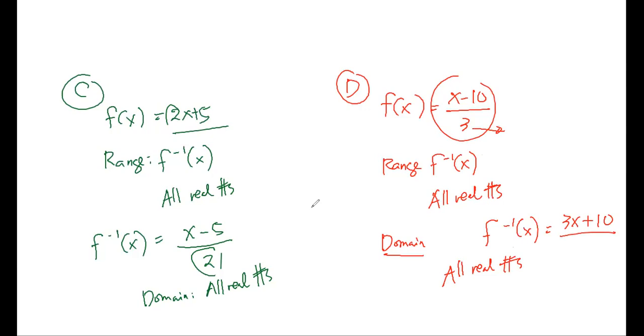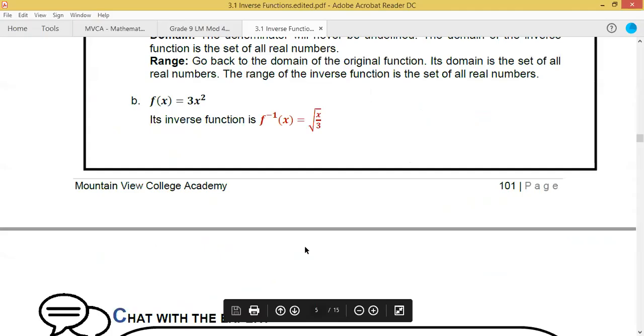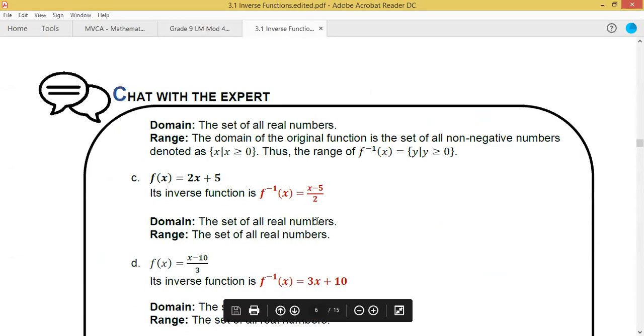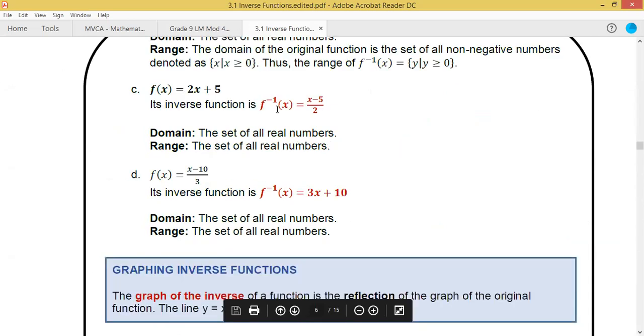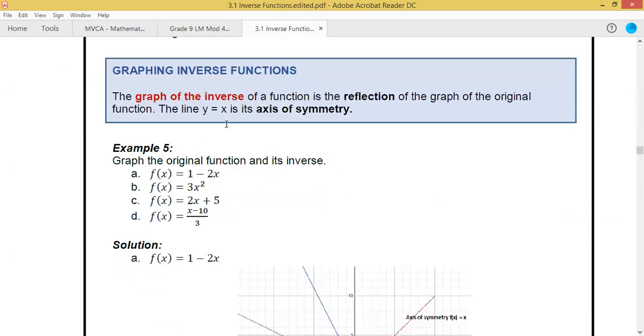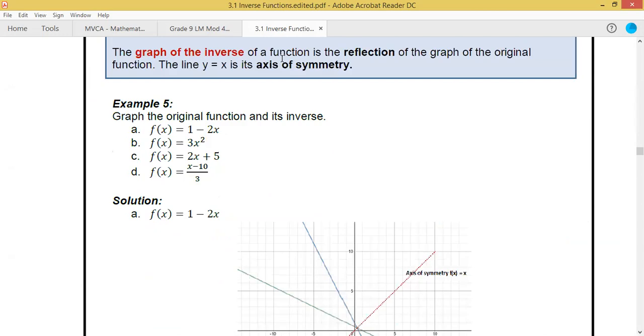Now, how do we graph our inverse function and its original function? You go back to our lesson in chapter 2.5, and we see that the graph of the inverse is a reflection of the graph of the original function. y equals x is its axis of symmetry.